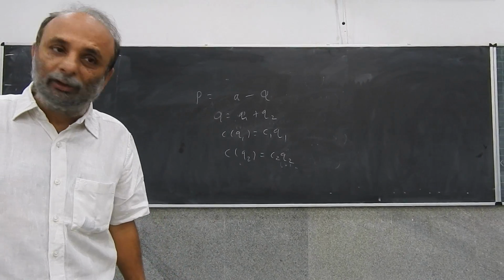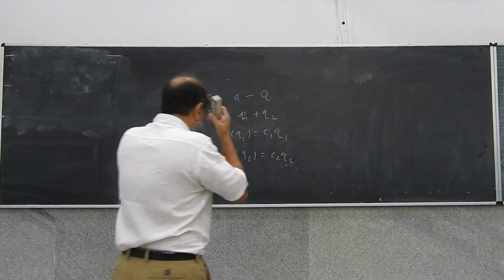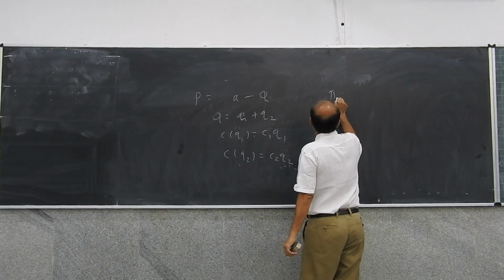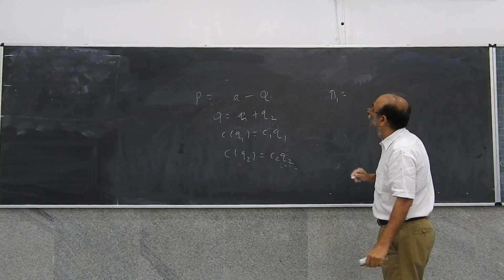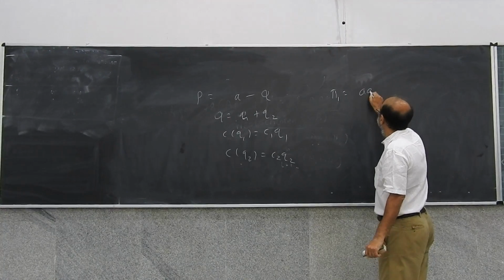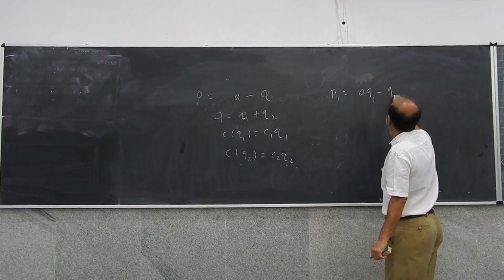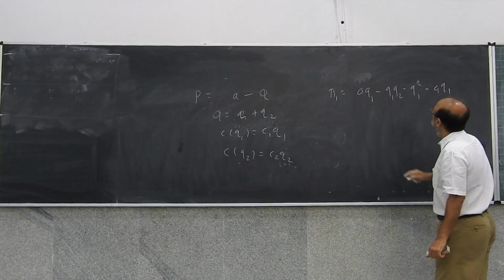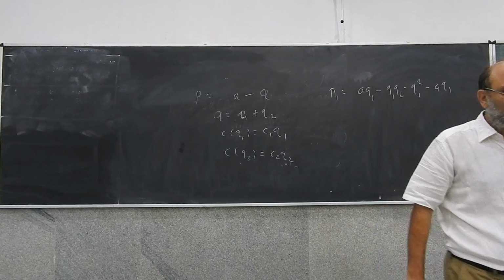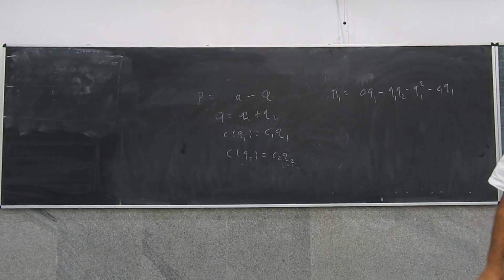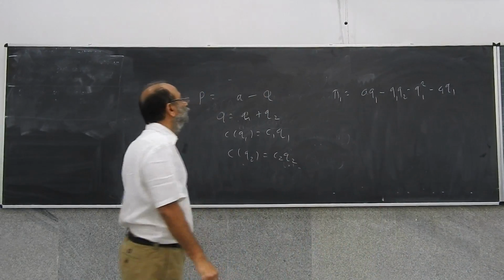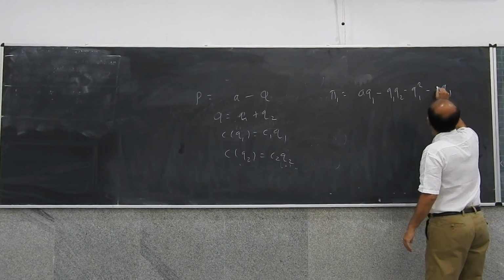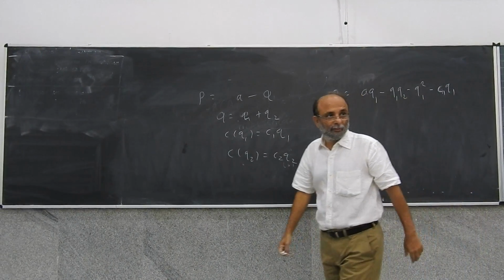So first, let's solve this. What is it that the first firm wants? The profit of the first firm is A Q1 minus Q1 Q2 minus Q1 squared minus C1 Q1.